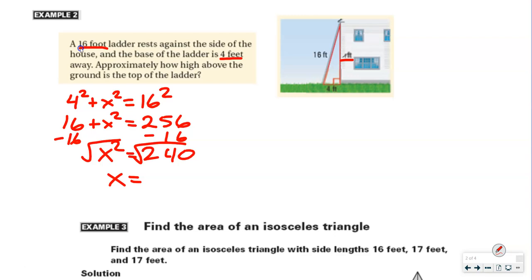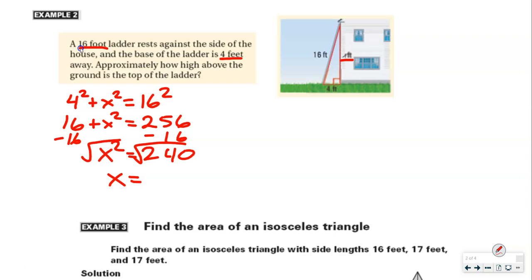So to approximate that, we would round our decimals, to the nearest decimal place. Maybe a question asks you to round to 2 decimal places, but this one we can round to 1. So 15.49 rounds to 15.5.